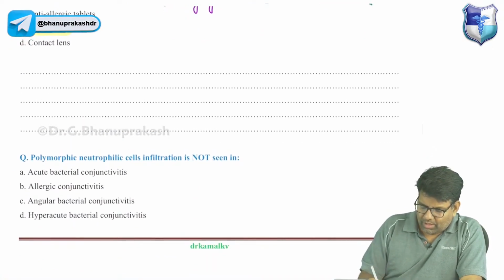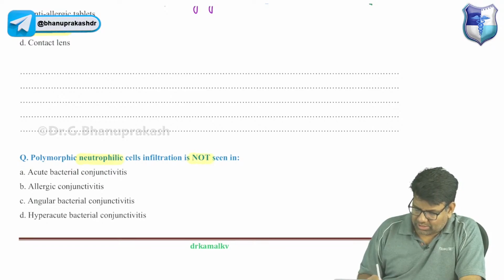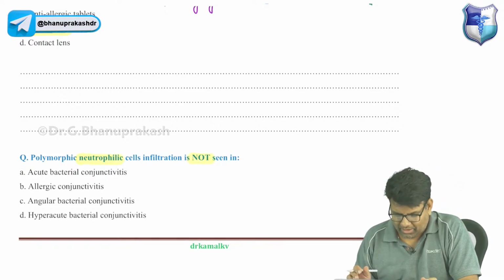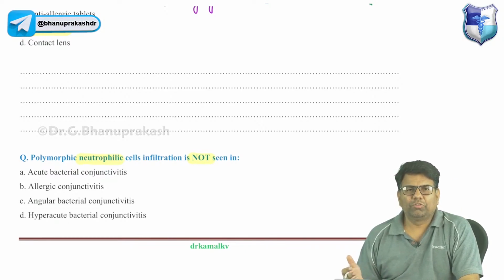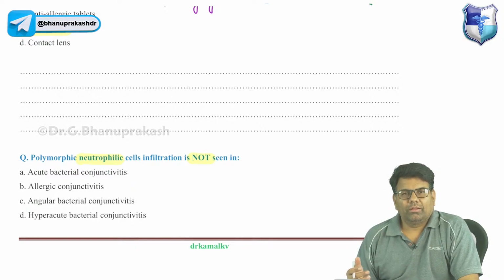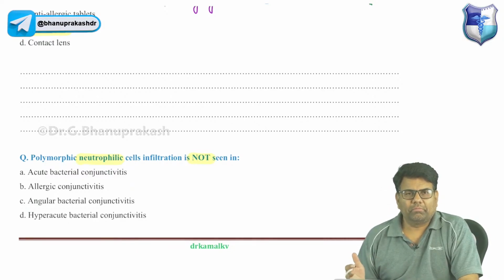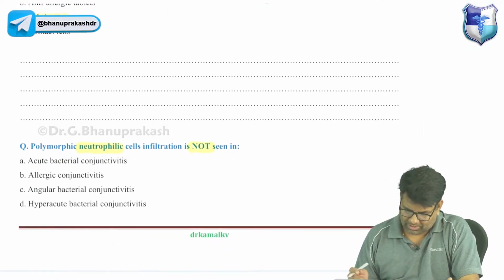Now, polymorphic neutrophilic infiltration is not seen in. Any idea? When we use the word neutrophils, we are considering something bacterial in nature. So based on that, can you get the answer? Yes, absolutely right.